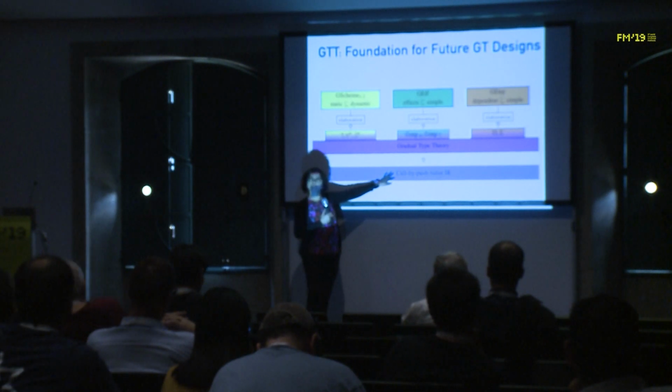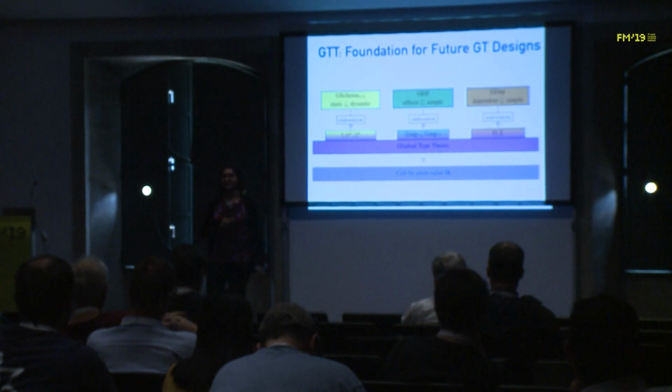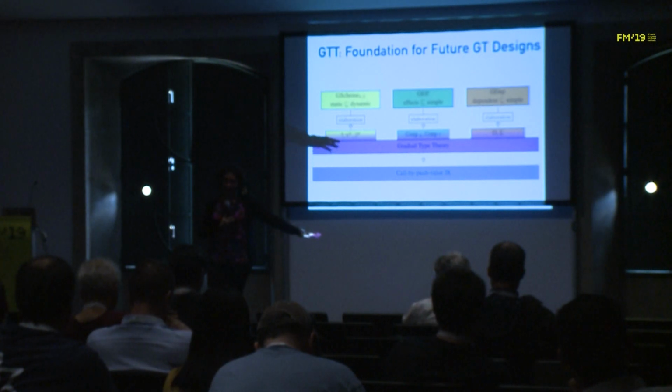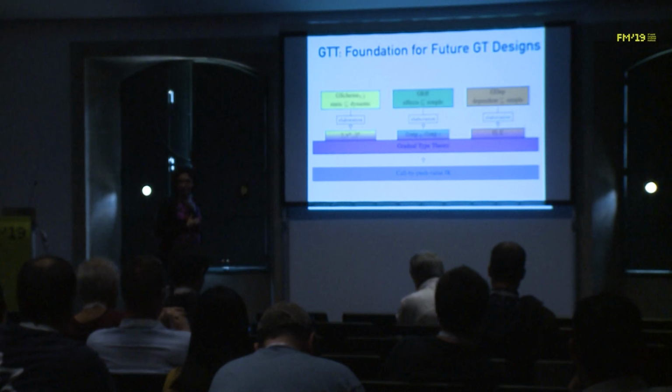Think of it as an IR. What we need now, or should have now, is a call by push value based IR that serves as a single uniform IR for understanding semantics of surface gradually typed languages and for doing optimizations on current and future gradually typed languages.